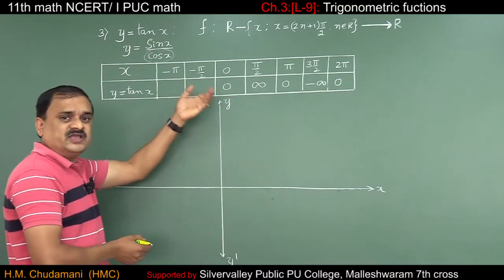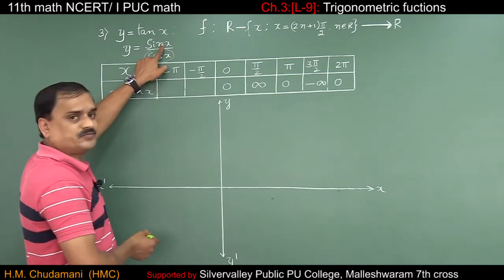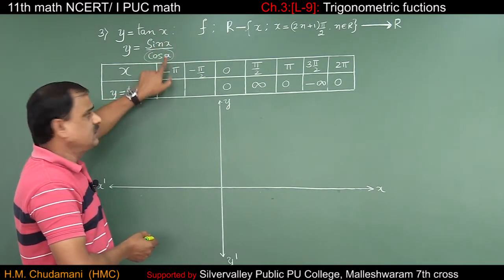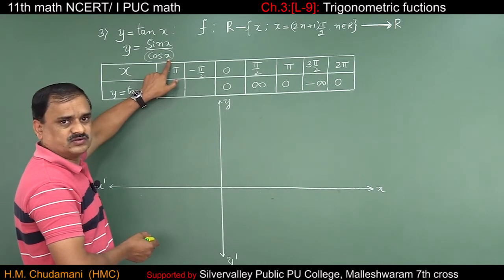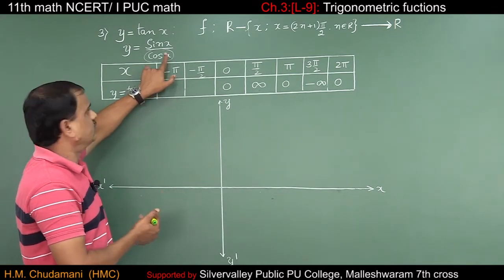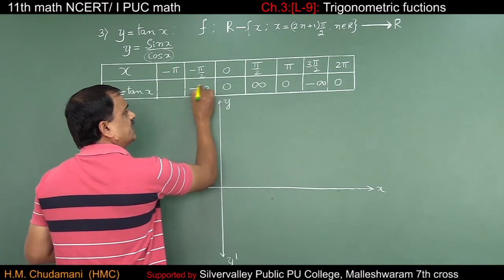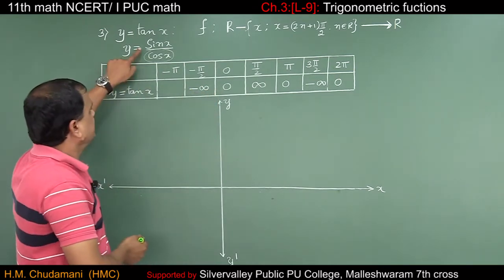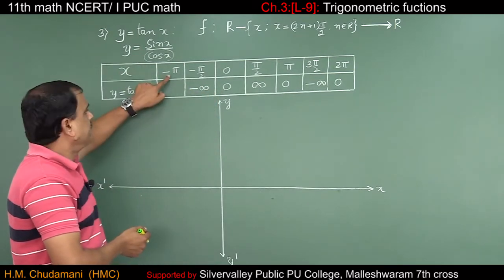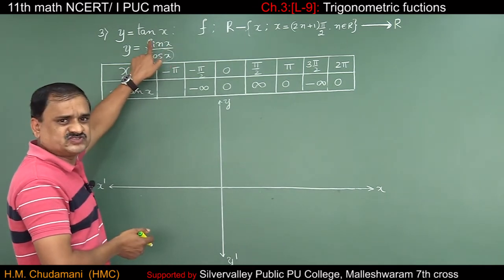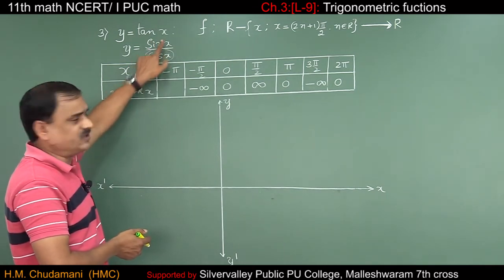Then minus pi by 2: sin of minus pi by 2 is minus sin pi by 2, that is minus 1. Cos of minus pi by 2 is 0. Minus 1 by 0 means minus infinity. Then tan of minus pi: sin of minus pi means minus sin pi, which is 0.